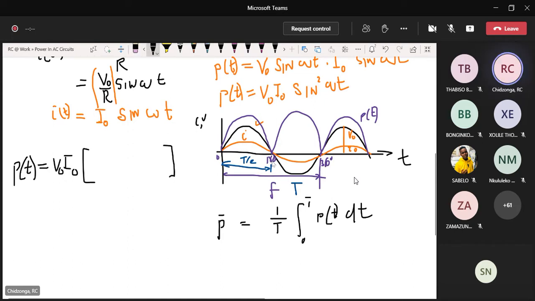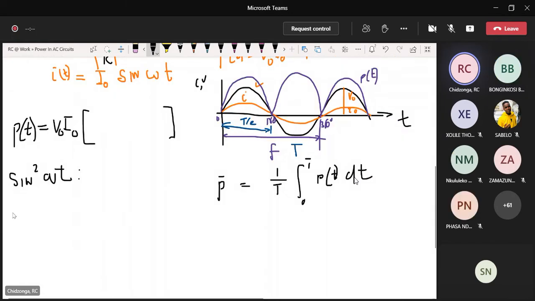Now let's look at sine squared omega t. It can be broken down using this relationship.